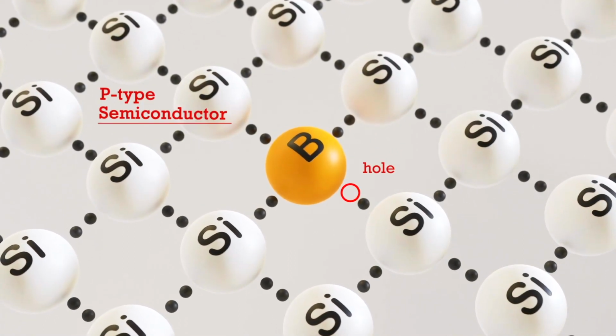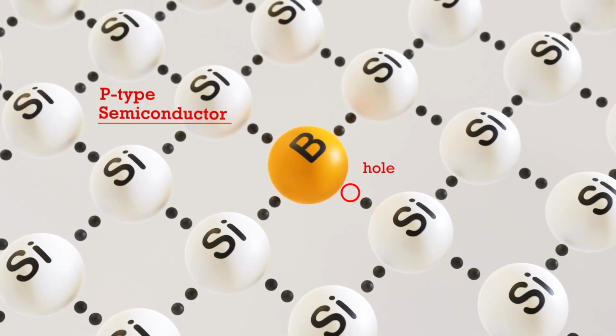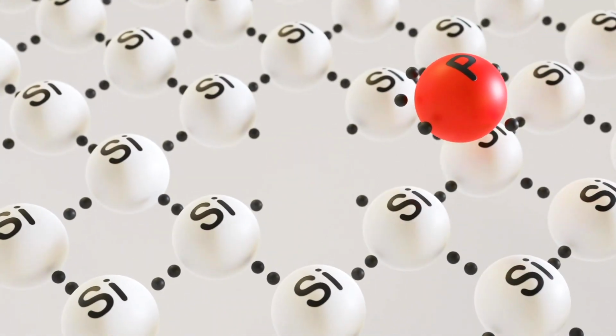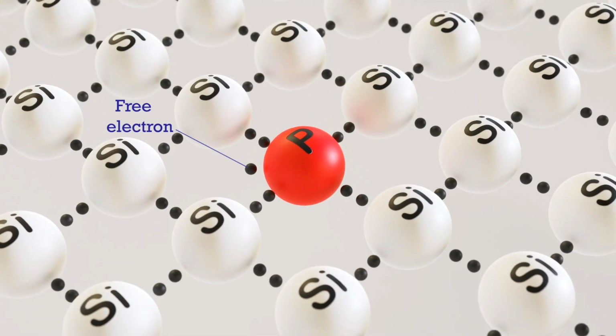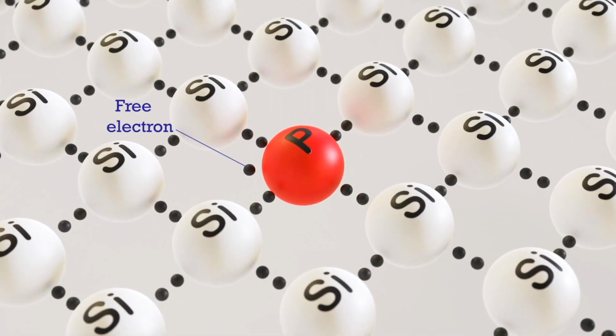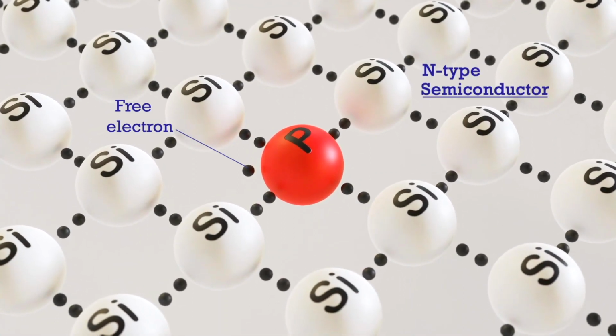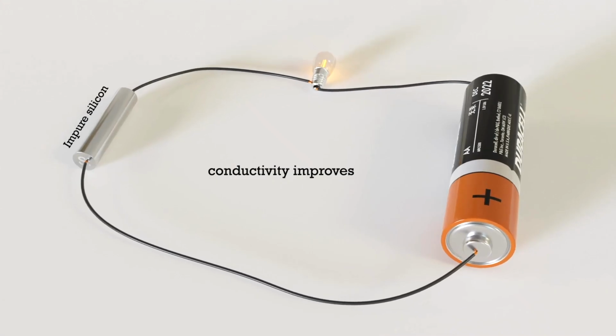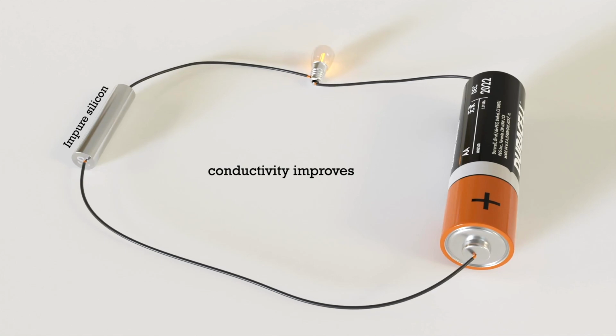This type of semiconductor is known as a p-type semiconductor. And when a pure semiconductor is doped with a pentavalent impurity, a free electron is left. This type of semiconductor is known as an n-type semiconductor. Due to the presence of free electrons and holes, doped semiconductors have good electric conductivity.